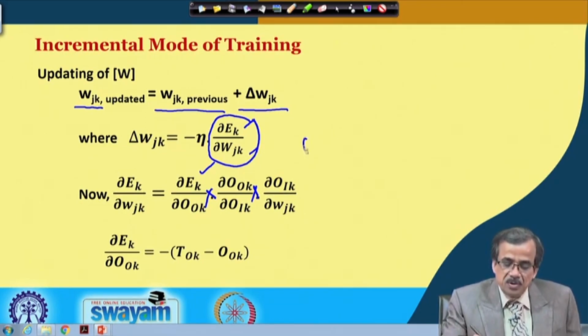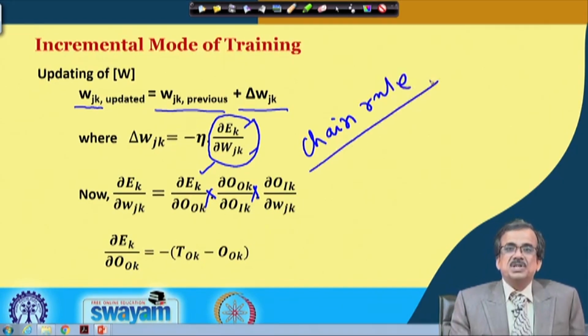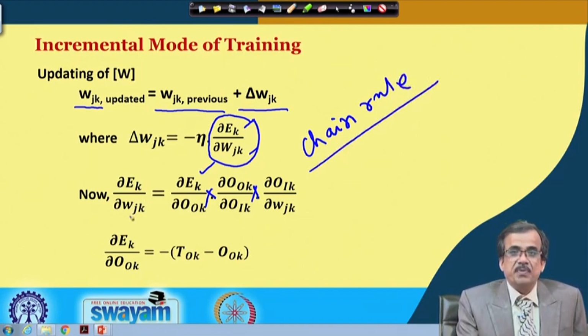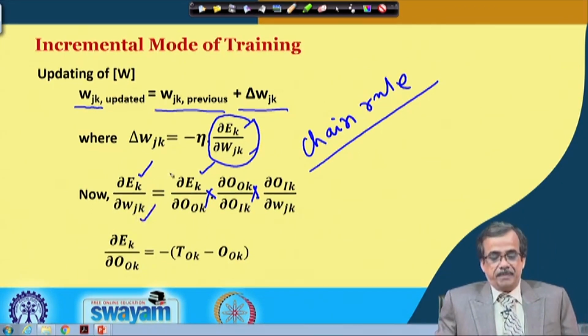So, we are going to use the chain rule of differentiation, just to find out what should be this partial differentiation of Ek with respect to Wjk.